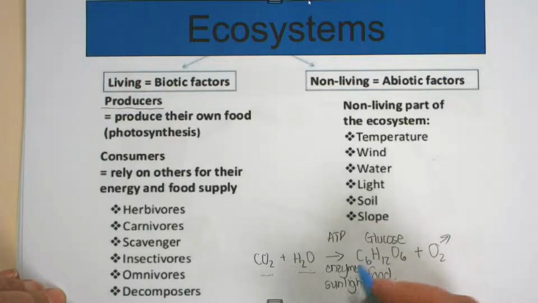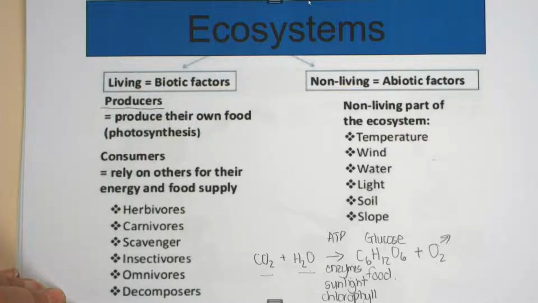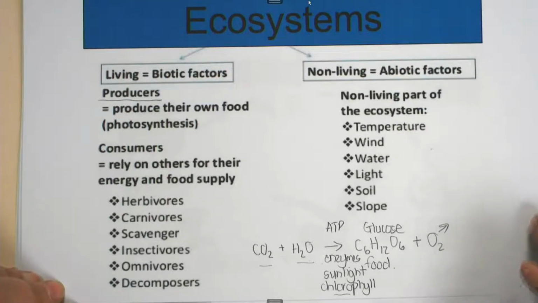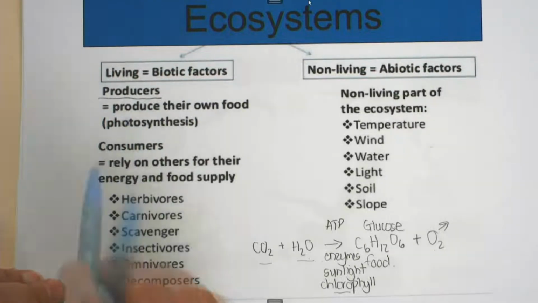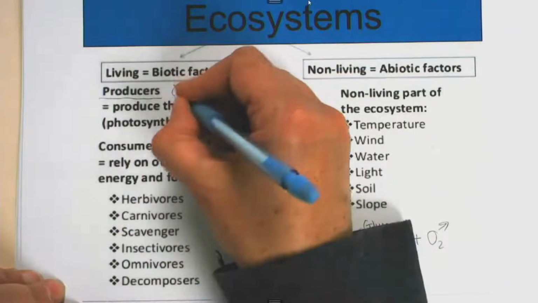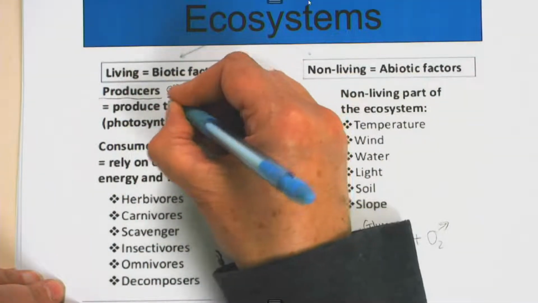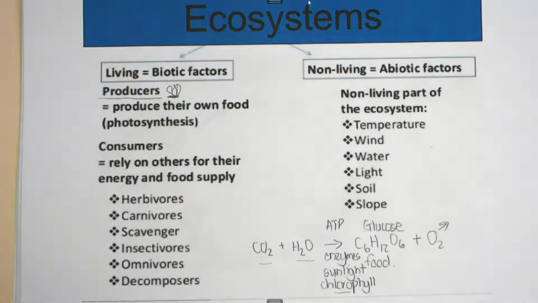And what is the other one I'm looking for? Chlorophyll. That is the green pigment that you will find in the chloroplast inside the plant. All right. Now, pretend to be a plant. The plants produce food. They get energy and sunlight from the sun. They get the water through their roots and other nutrients, and now they start growing.